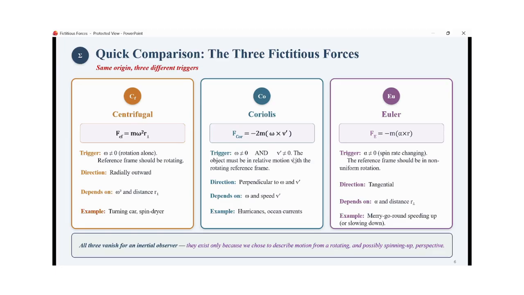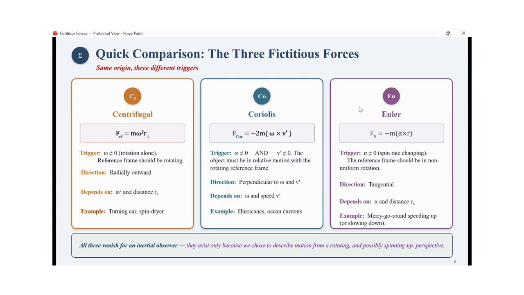It should be moving with respect to the rotating frame of reference. Only if both these conditions are satisfied will the object feel the effect of Coriolis force. Its direction is perpendicular to both the angular velocity and the velocity of the object relative to the reference frame. Its value depends upon the values of omega and v dash, and its real life examples are the hurricanes and the ocean currents.